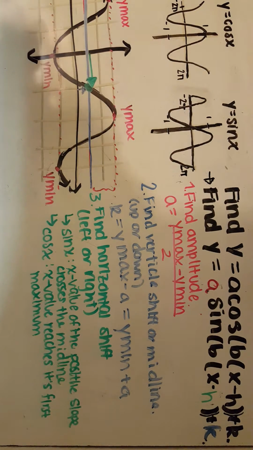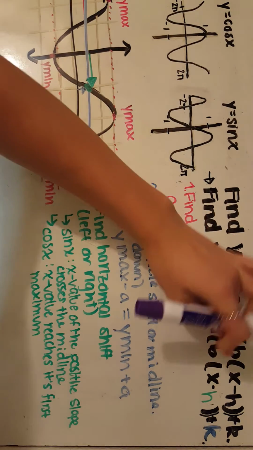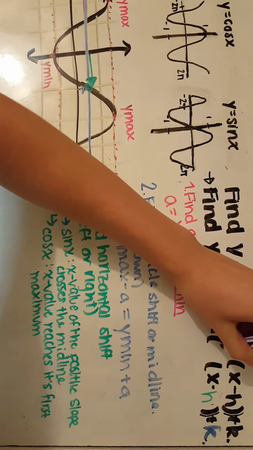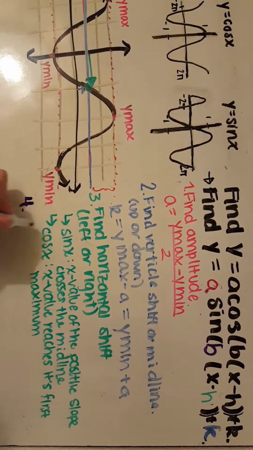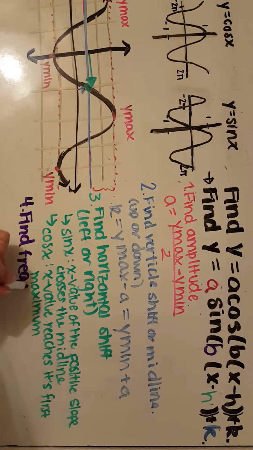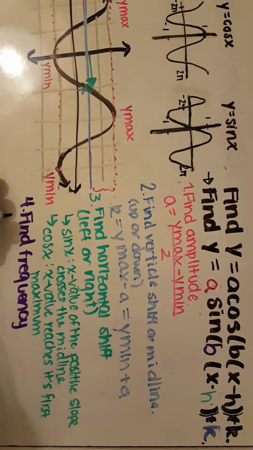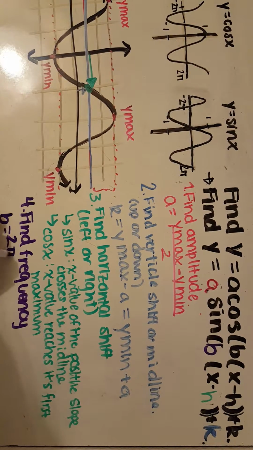All right. The one variable we're left with is b. So step number 4 is going to be find frequency. And that is what b stands for, frequency. We have this nice equation that we will apply for this problem. So it's 2 pi divided by the period.